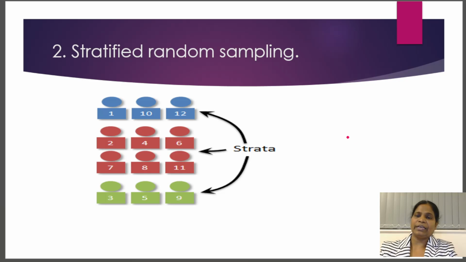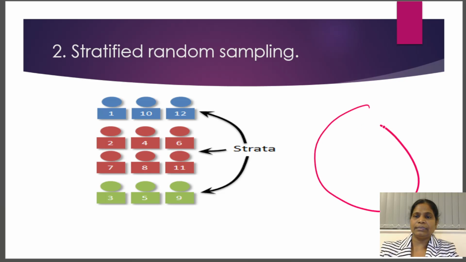Strata means, for example, like this is the earth. If you look at it, we have different layers of the earth, like the stratosphere, when we look at the geographical aspects of the earth. The same way, when we say strata, they are divided.